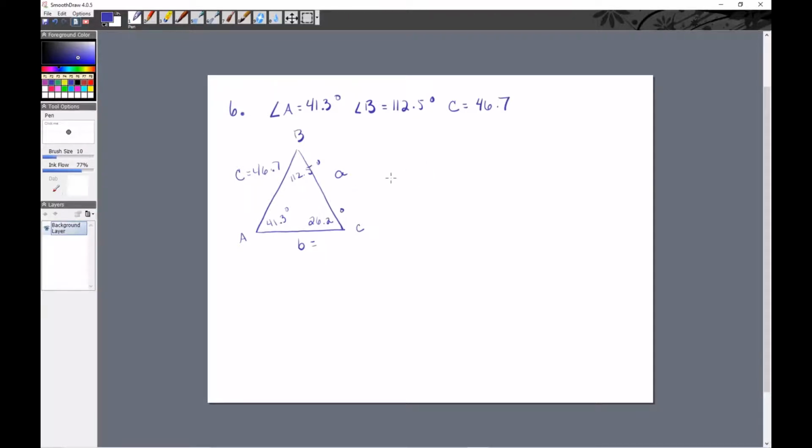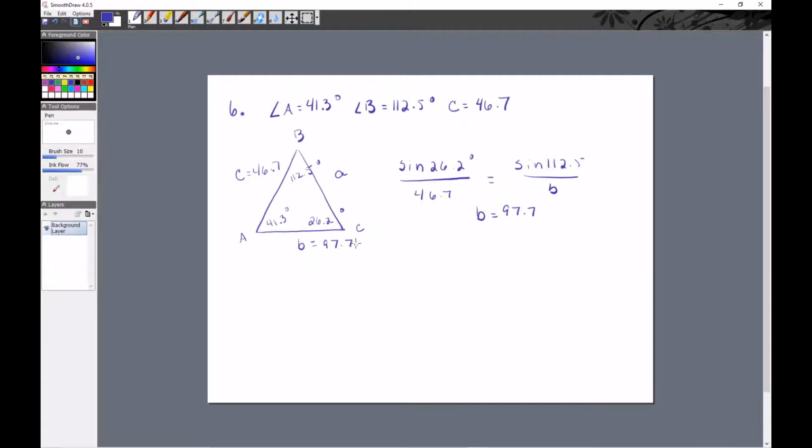So sine 26.2 degrees divided by 46.7 equals sine 112.5 over B. If you work this out, you end up with B equaling 97.7.